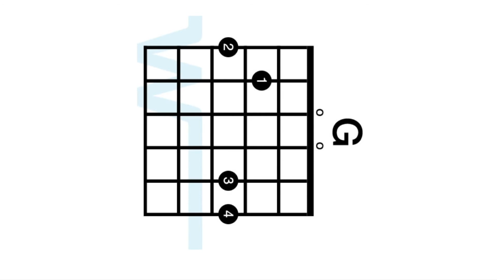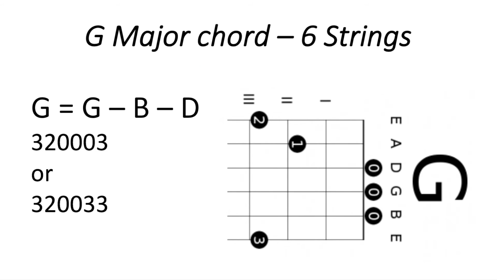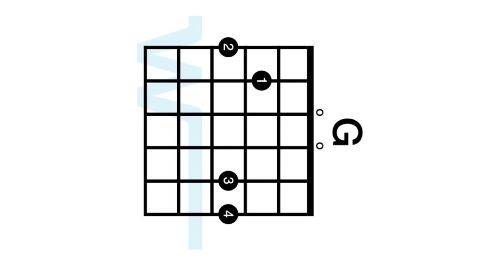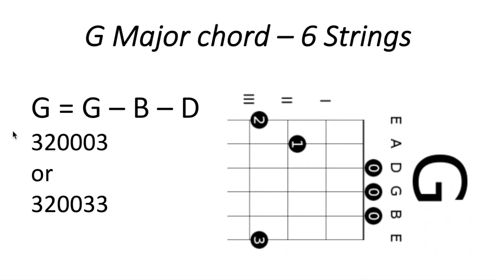Pretty much both are the same, because the notes are the same. Even if you use this position or that position, the only notes you are using are G, B, and D. So it doesn't matter. You can choose whatever you like, or whatever is comfortable for you.